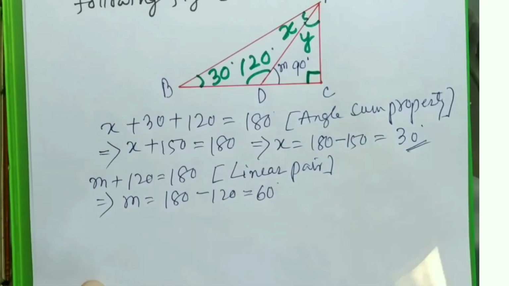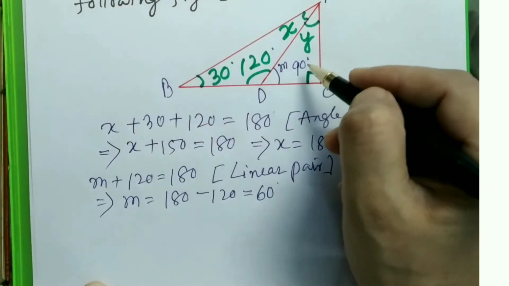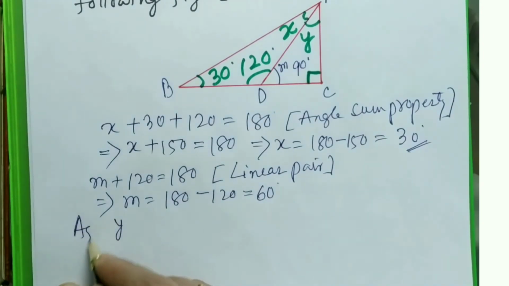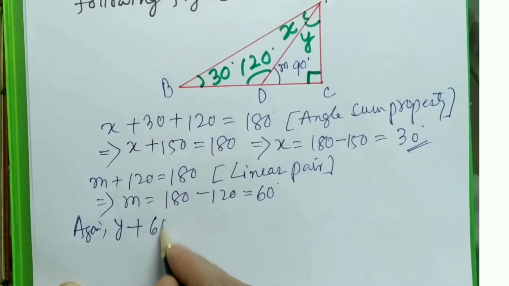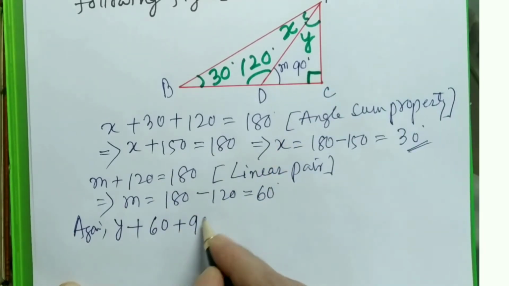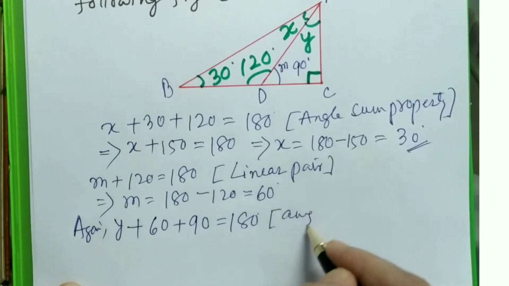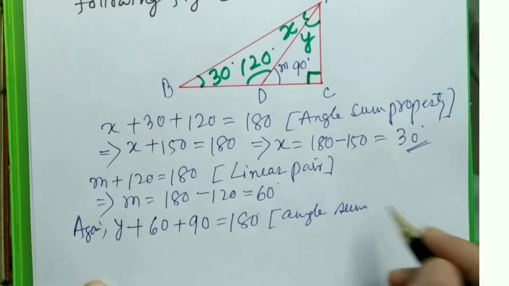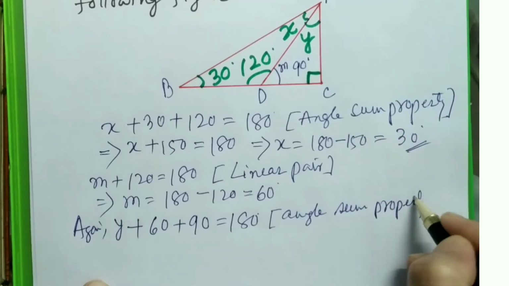Okay, now in this triangle, y plus M plus 90 is equal to how much? Again 180 degrees. Again y plus the value of M, which is 60, plus 90 is equal to 180. Again, angle sum property. This is a very important property. Almost in every sum of angles of triangles, we will have to use this property.